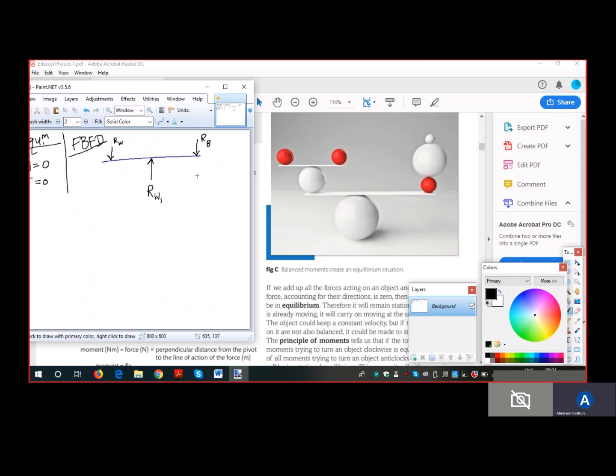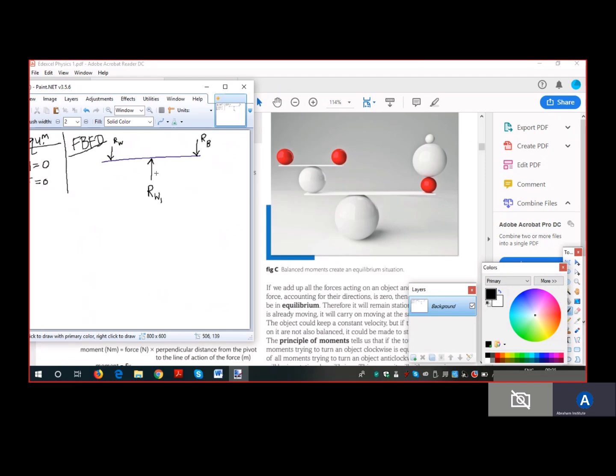In some questions they ask you to assume the mass is negligible. But if there was a weight, it would act in the middle. The center of mass or center of gravity of a body is where the weight of the body is assumed to act.